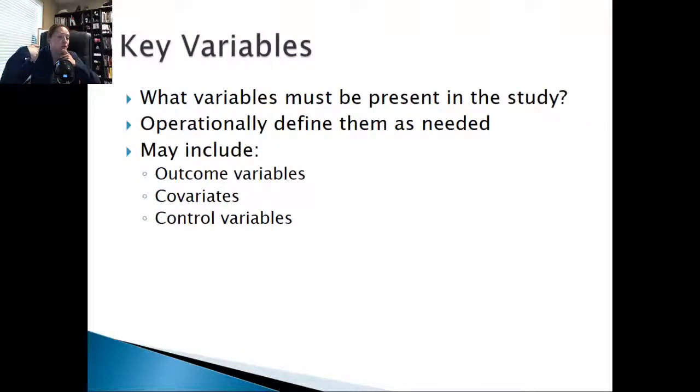Because you're going to be coding key variables that are pulling data that help you to calculate the effect size, and you're going to have those specific data types outlined in your coding manual. So if that type of data is not present, it's going to be disqualified from your pile. So a key variable would be, you've got to have either an effect size or the data that you need to calculate one in order for it to be considered.